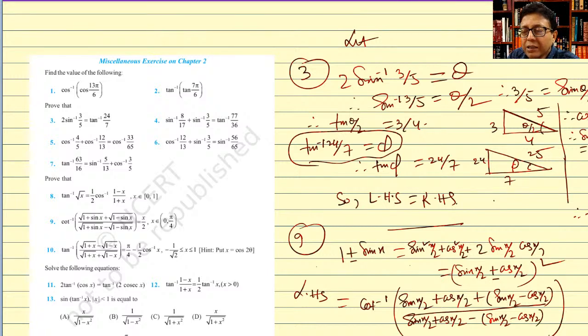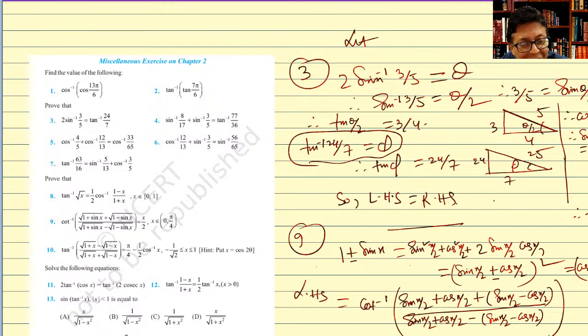Everyone can write this as cos x by 2 plus or minus sin x by 2 also. Am I correct? When you take a square root, the quantity will always be positive. So, the square root of 1 minus sin x will be cos x by 2 minus sin x by 2, or sin x by 2 minus cos x by 2.